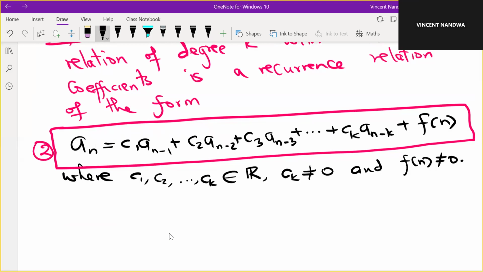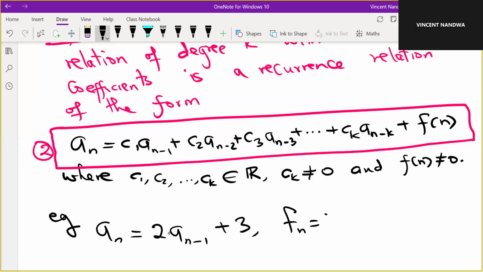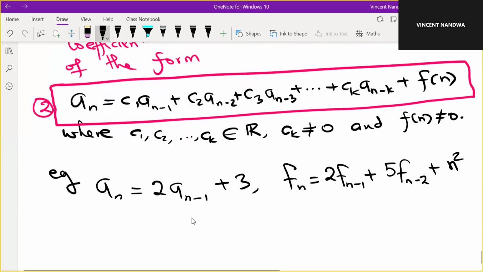So for example, if you are given an equals 2 an minus 1 plus 3, or fn equals 2 fn minus 1 plus 5 fn minus 2 plus n squared, this is non-homogeneous.